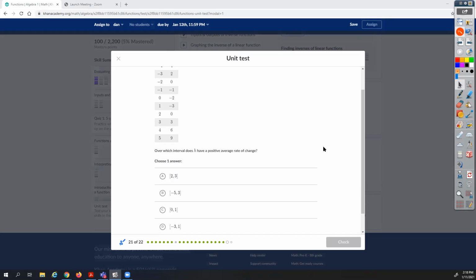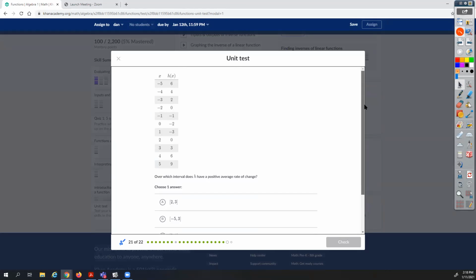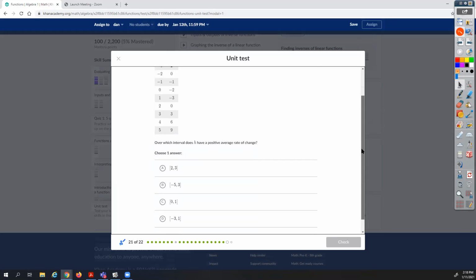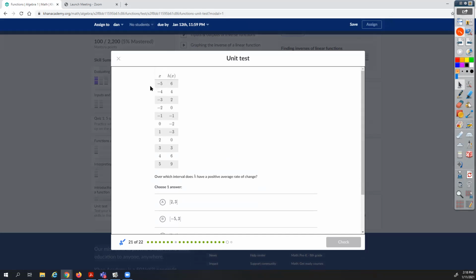Wait, are these supposed to be up there? Yes, they are, look over here on this side. That's -5 and 6. So you're going 2 to 3.